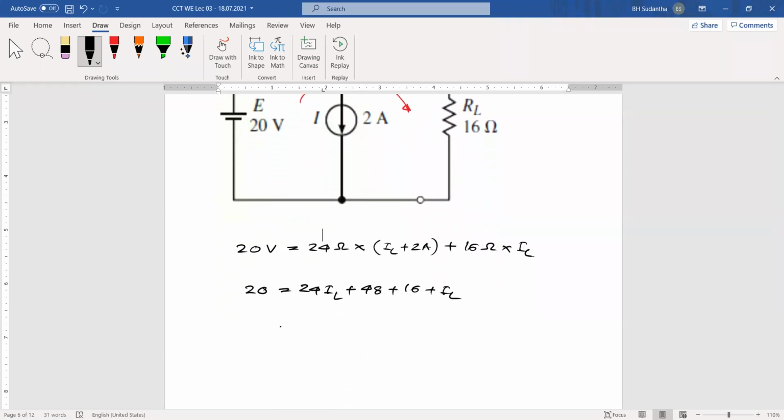Okay, then this is minus 28, 40 IL. Is it correct? 20 volts, 24 IL, 24 times 2 is 48, and 16, sorry, 16 IL.